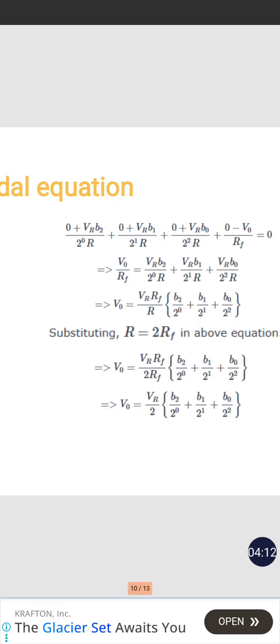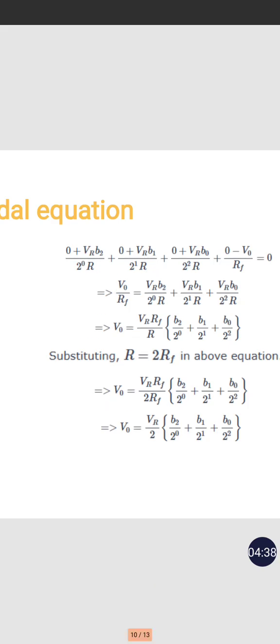V0 divided by RF we place on the left hand side, and the right hand side terms move with a sign change: VR B2 divided by 2 power 0 into R plus VR B1 divided by 2 power 1 into R plus VR B0 divided by 2 power 2 into R. So we calculate the V0 value.